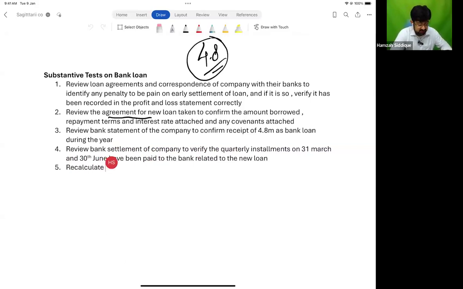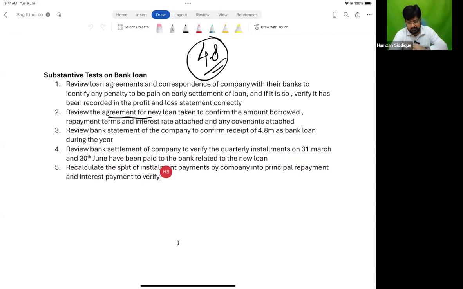So recalculate the split of installment payments by company into principal repayment and interest payment, to verify interest has been correctly charged by company.